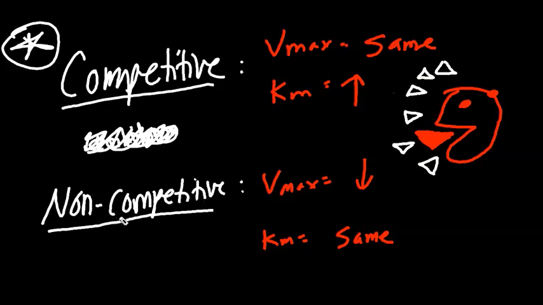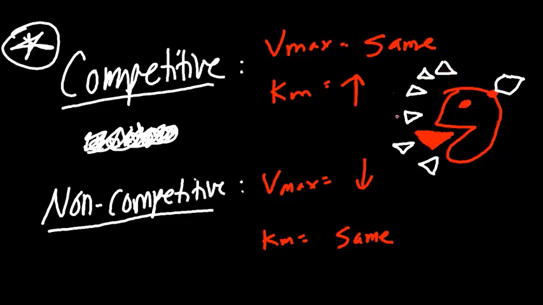If we do a non-competitive inhibitor, since we have a square binding in an off-site, this square is actually causing Pac-Man to be inefficient. It's not an active site problem. So we could put 1,000,000 normal substrates with only one non-competitive inhibitor on this enzyme. But what that means is that it doesn't matter if it's binding to a normal substrate or not, it will not work.